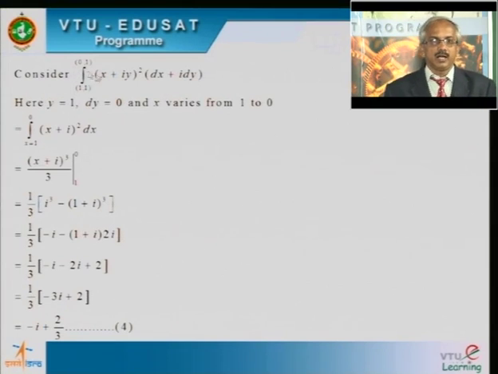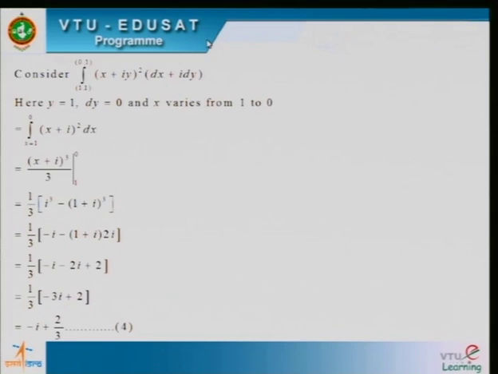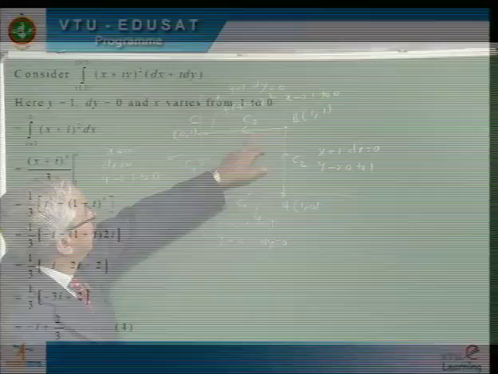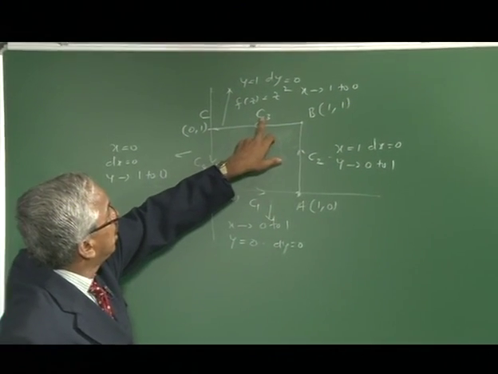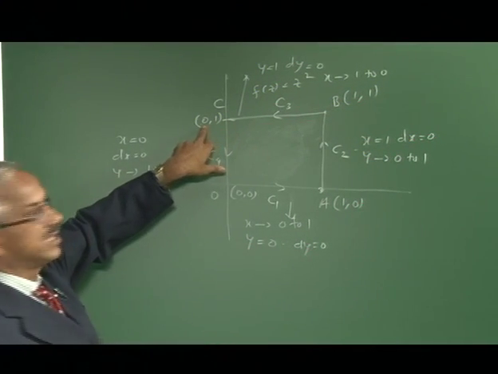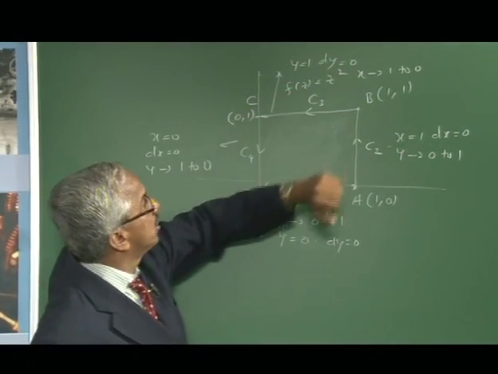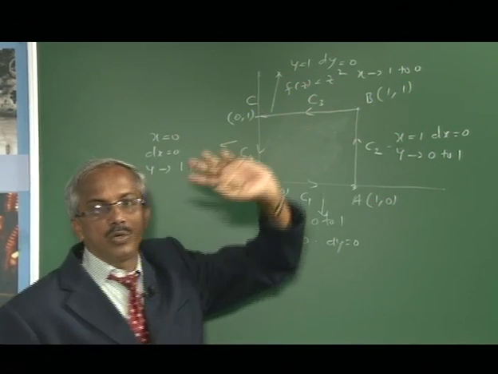Consider the third integral, which is along the line BC, or the curve C3. The points are B (1, 1) and C (0, 1). In this case y is equal to 1, dy is equal to 0 and x varies from 1 to 0.